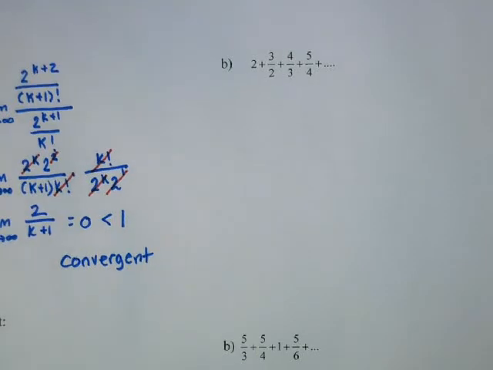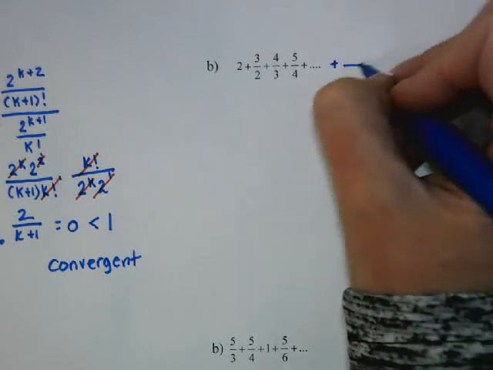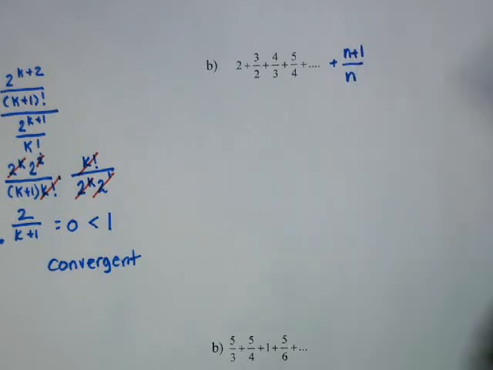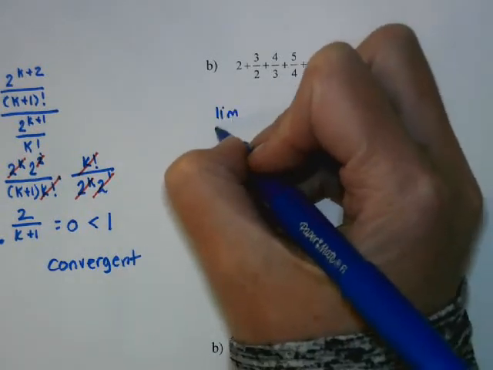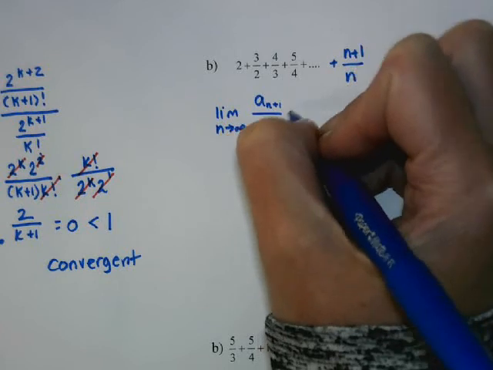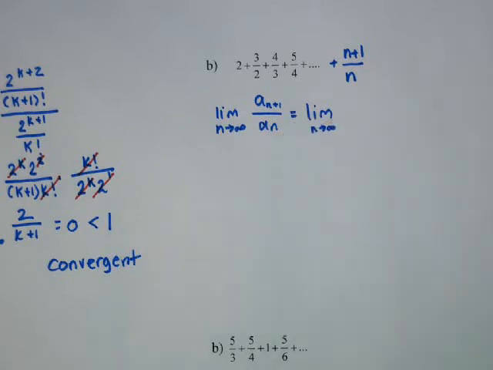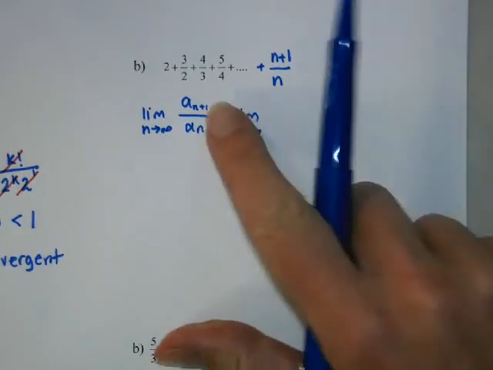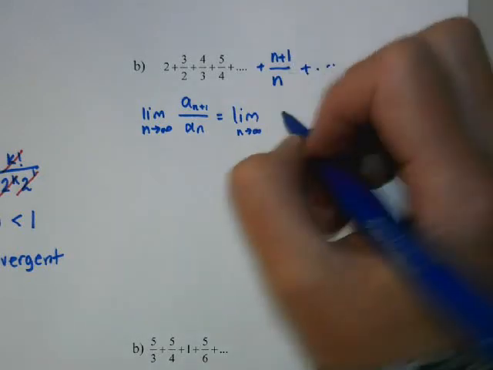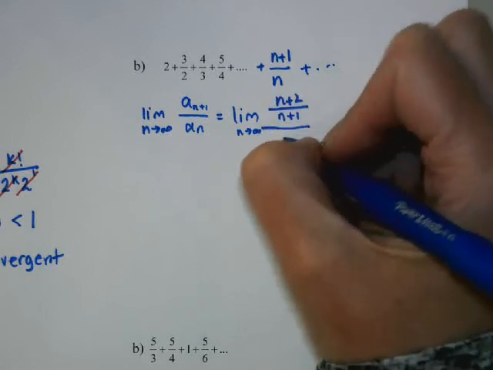This next one I don't have a formula, but I can see I've got 1, 2, 3, 4 on the bottom. So let's say n on the bottom, and then above that is going to be n plus 1. Okay, so we've got the limit as n goes to infinity of the (n+1)th term over the nth term. So if this is our nth term, my next term would be n plus 2 over n plus 1, over n plus 1 over n.